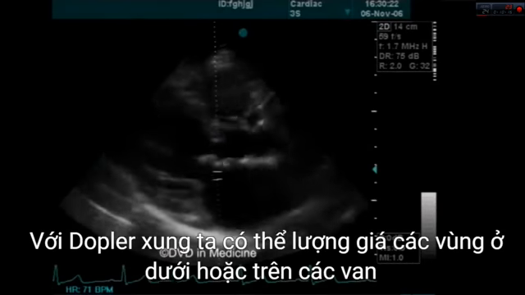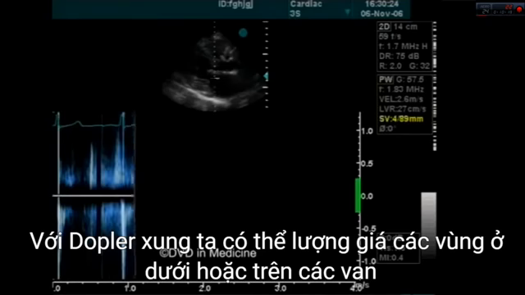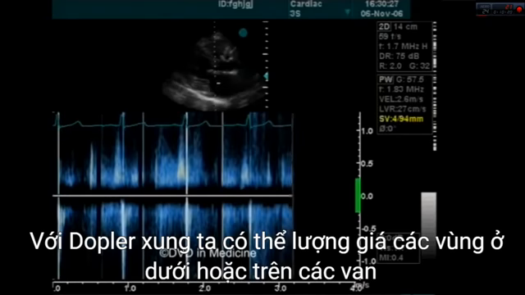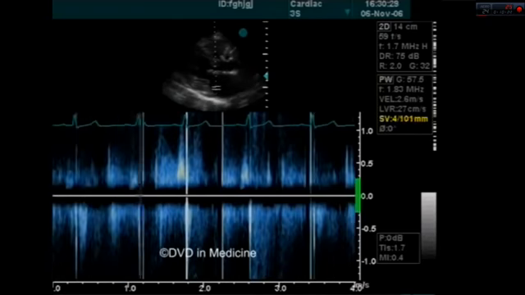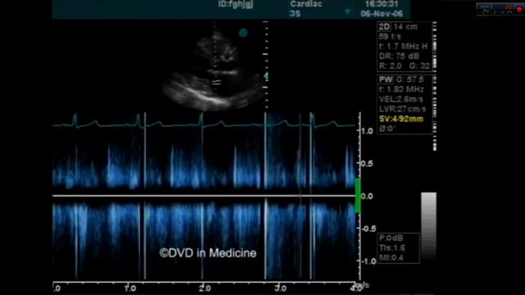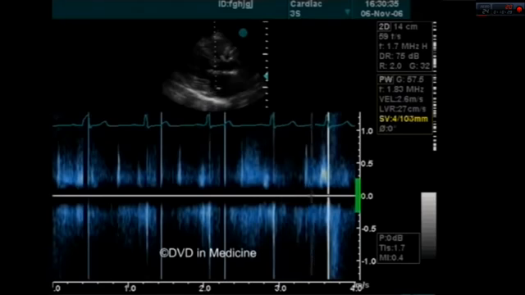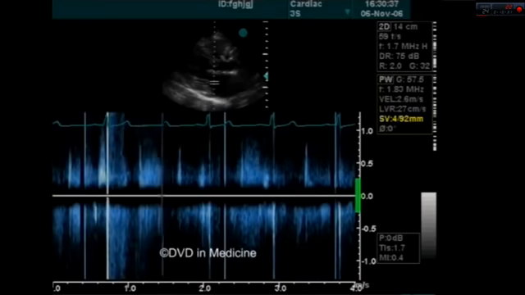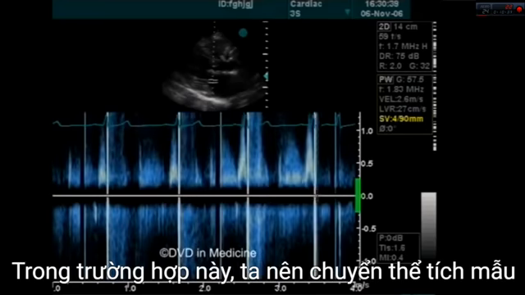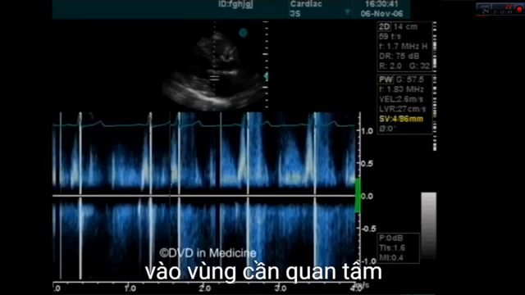With pulsed Doppler, one can evaluate zones either under or above the valves. In this case, one should shift the sample volume to the zones of interest.